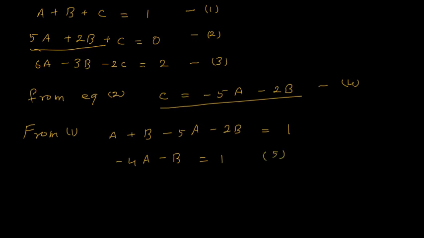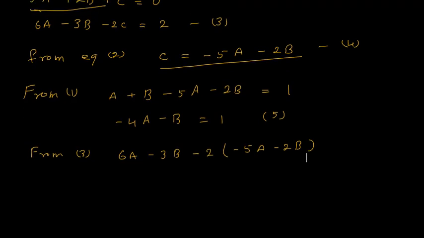And from equation 3, similarly, write 6a, minus 3b, minus 2c, so again in place of c replace minus 5a minus 2b, is equal to, here we are getting the answer as 2.